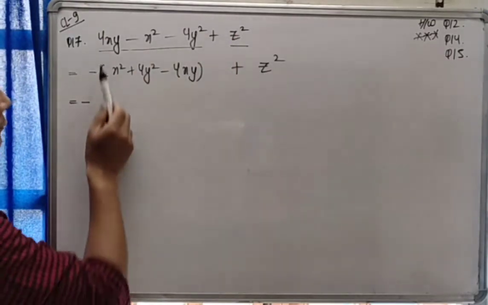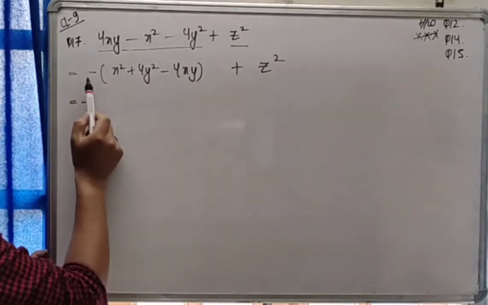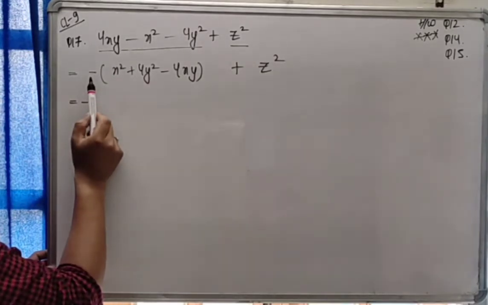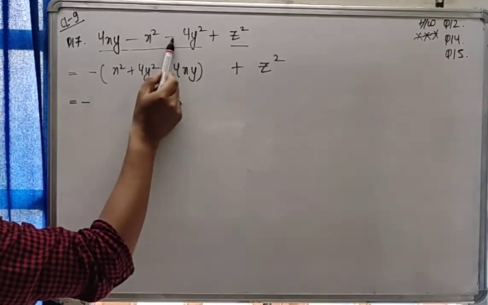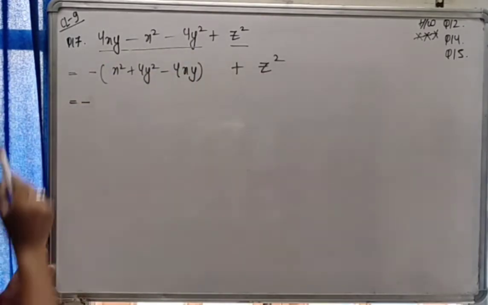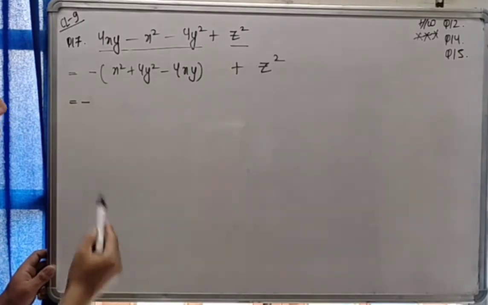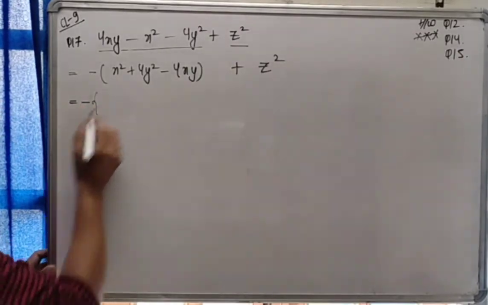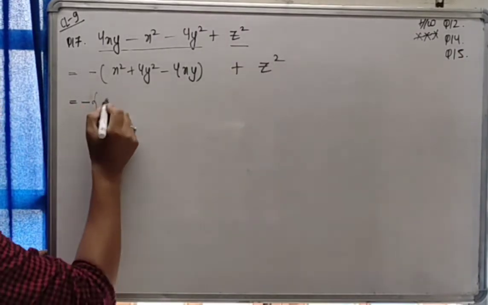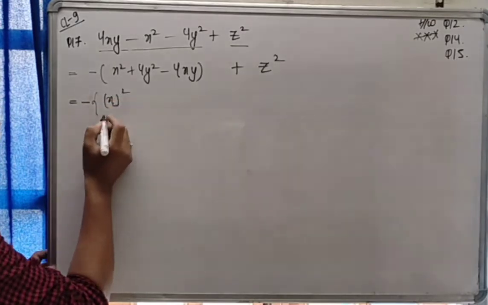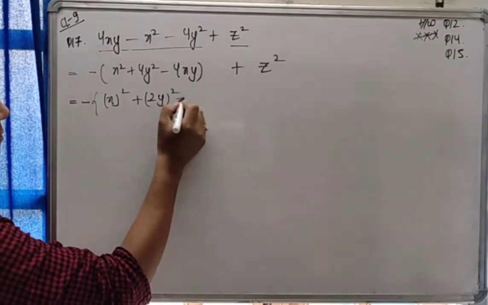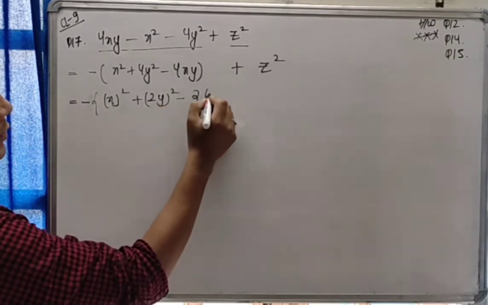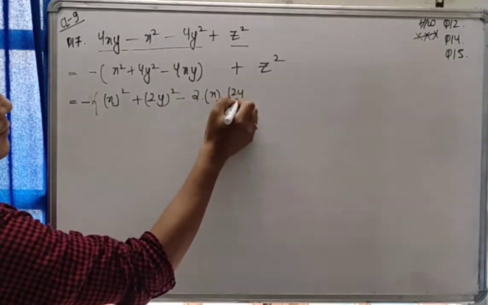From the first group, let's take minus common. If I take minus common, I'll get x square, this becomes plus, and this becomes minus. The advantage of taking minus common, boys, is that now this is coming in the formula. Please see, a square plus b square minus 2a into b.